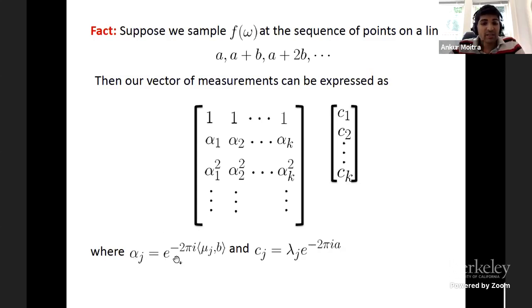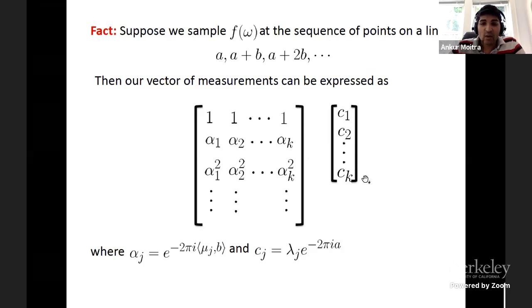That's where I'm pulling out this alpha sub j term, the inner product between b and mu j. And I'm raising that to a higher and higher power as I look at successive measurements along the points along this line. And then I pull out the mixing weights, the lambda sub j's, along with the actual constant, the a that I started with.